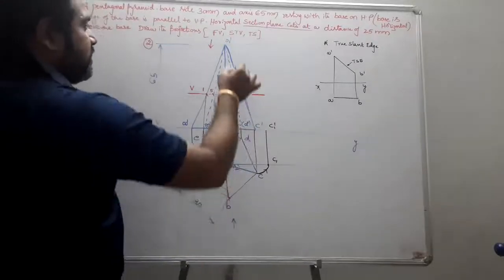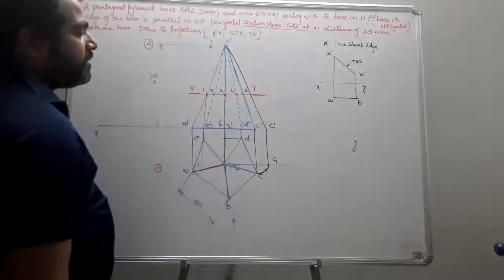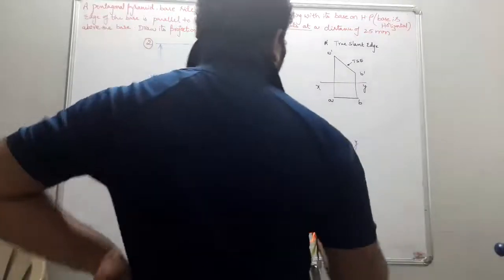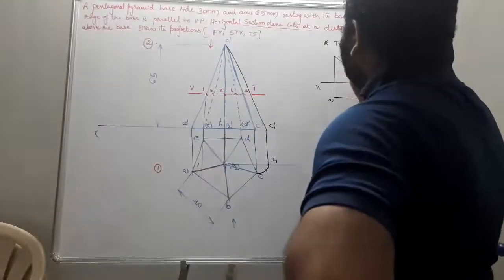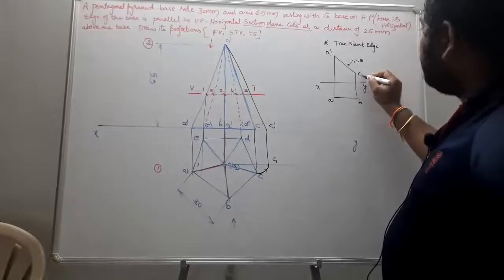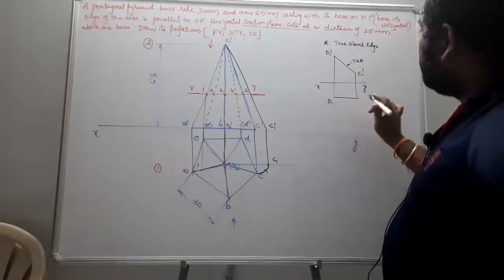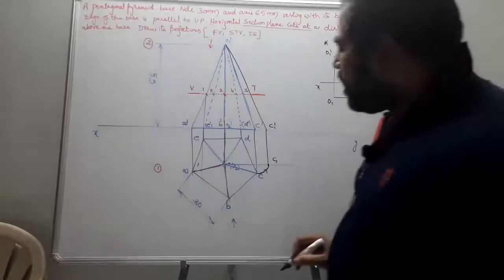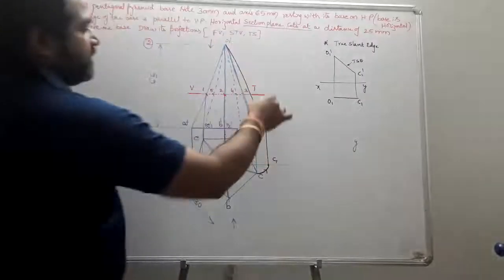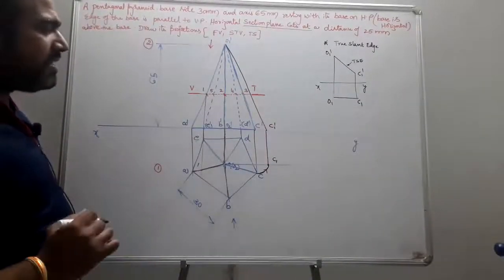If I draw a line O dash C1 dash, this is O1 dash and C1 dash here, and here it is O1, here it is C1. Now I can say that O dash C1 dash is your dummy true slant edge. I just created it.